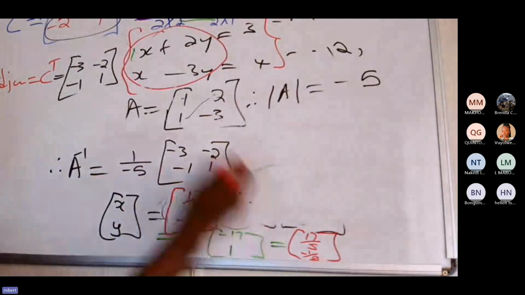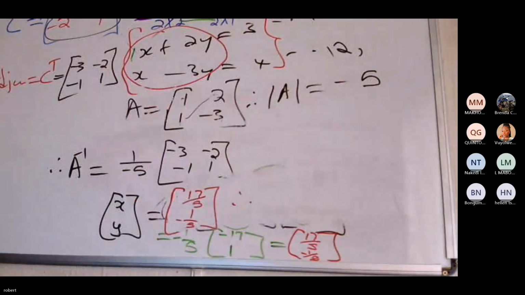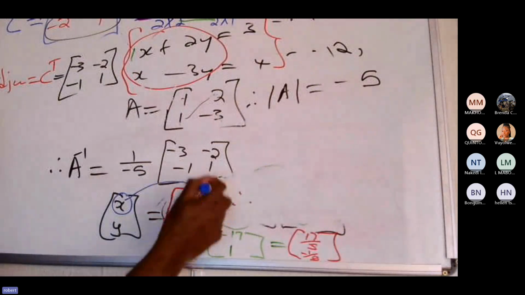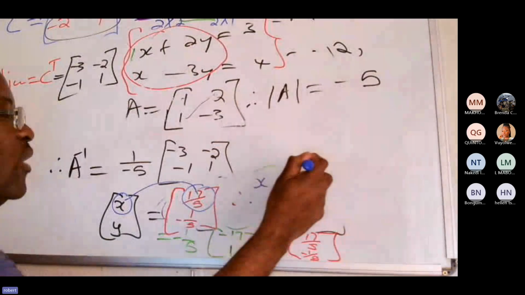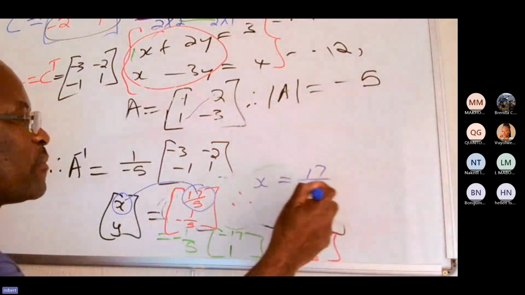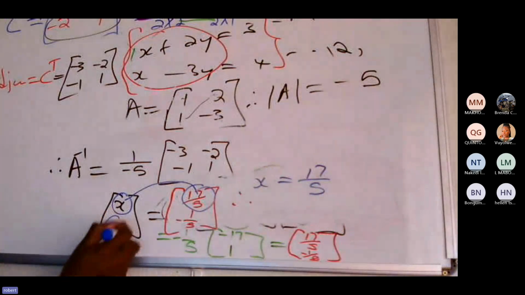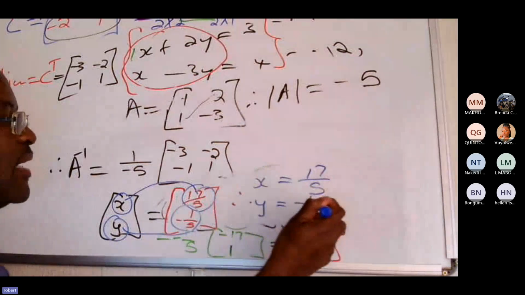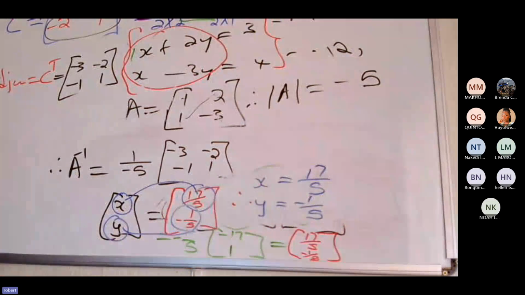Meaning now, you can conclude, because we are saying these two matrices are equal. Therefore, this element here, x, must be equal to 17 over 5. Then what about y? Y must be equal to this, therefore y must be minus 1 over 5.